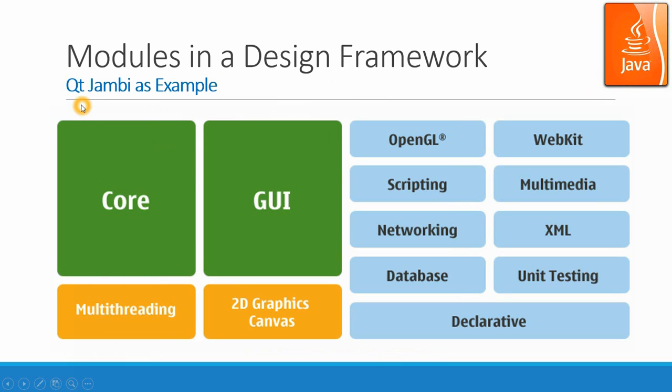Right here, I show you another GUI framework called Qt Jambi. It is the Java version of the Qt package. The modules inside Jambi are the core, GUI, OpenGL, WebKit, scripting, multimedia, networking, XML, database, unit testing, and declarative.